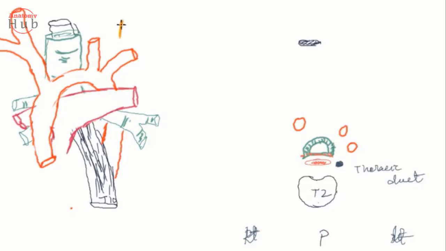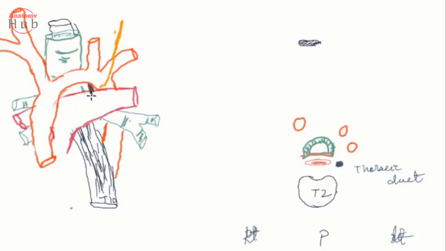This left vagus nerve descends downward between your left common carotid artery and the left subclavian artery. Then it descends up to your arch of aorta, and at this arch of aorta you will find the ductus arteriosus.